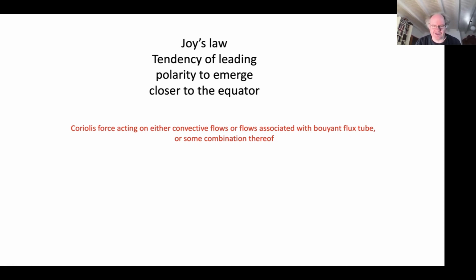Is Coriolis force acting on the flows associated with the buoyant rise of the tube, or with the convective flows, or more probably with some mixture between those two? And so this is a topic which is very interesting for current investigations.